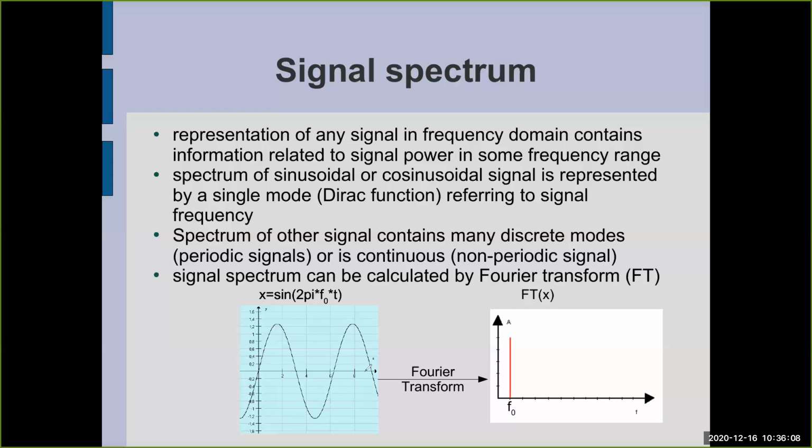So look, here we have a sinusoidal signal, and this signal can be transformed into a spectrum by using the Fourier transform. If we have a pure sine signal, we will see a single bar here. So this signal is transformed to this representation.